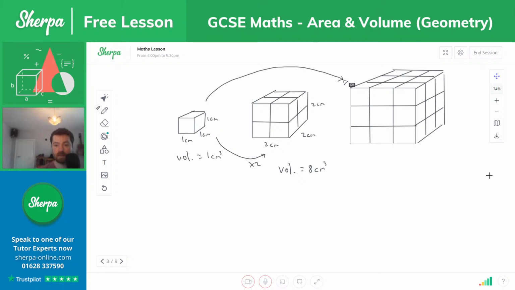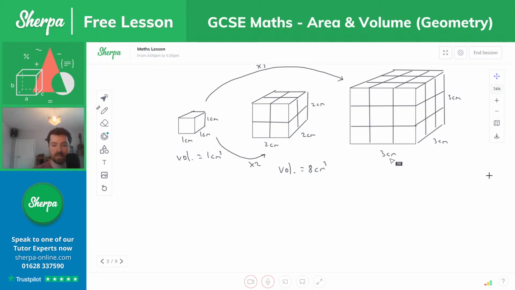We could do the same thing again and look at our even larger cube. Well, we're now going from a linear scale of 1 by 1 by 1 to a linear scale of 3 centimeters by 3 centimeters by 3 centimeters. So our linear scale factor is going to be 3x, isn't it?